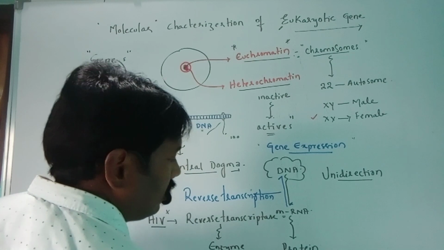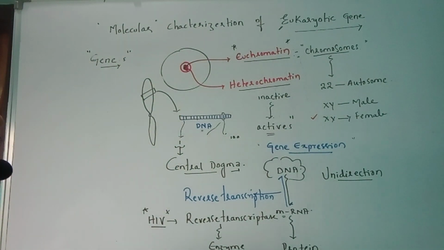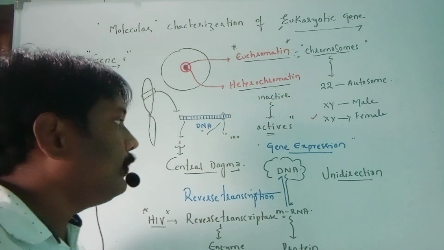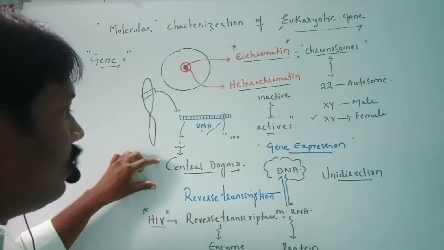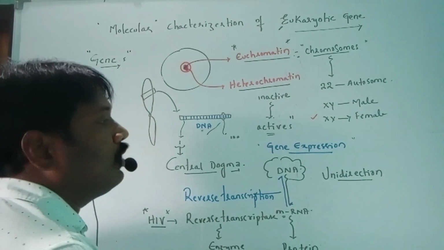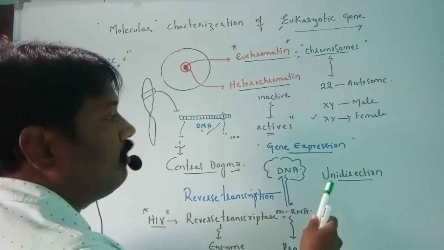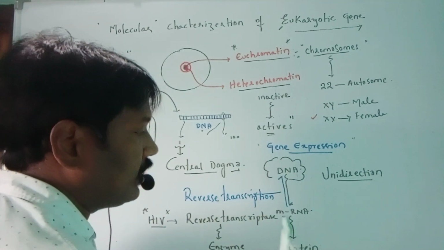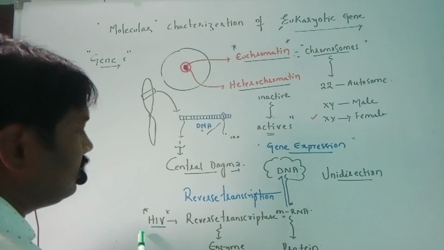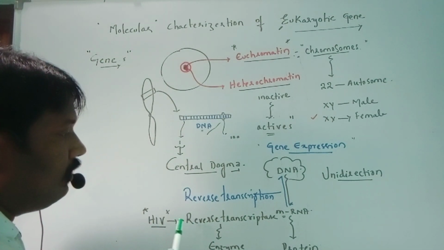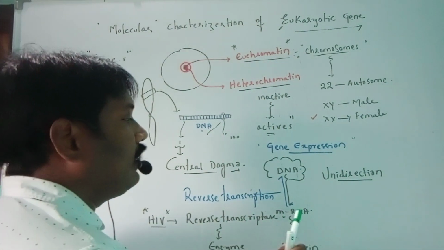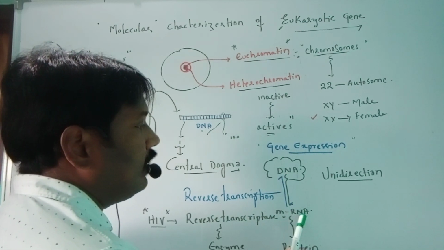So this is a great concept related with gene expression, the flow of genetic information from the DNA to mRNA to protein. Here, the phenomenon is known as central dogma, but in higher eukaryotes like you and me, in plants and higher animals, we found the flow is unidirectional. But whenever any patient is suffering with HIV, the HIV has the specific enzyme reverse transcriptase, and this enzyme turns RNA back into DNA.